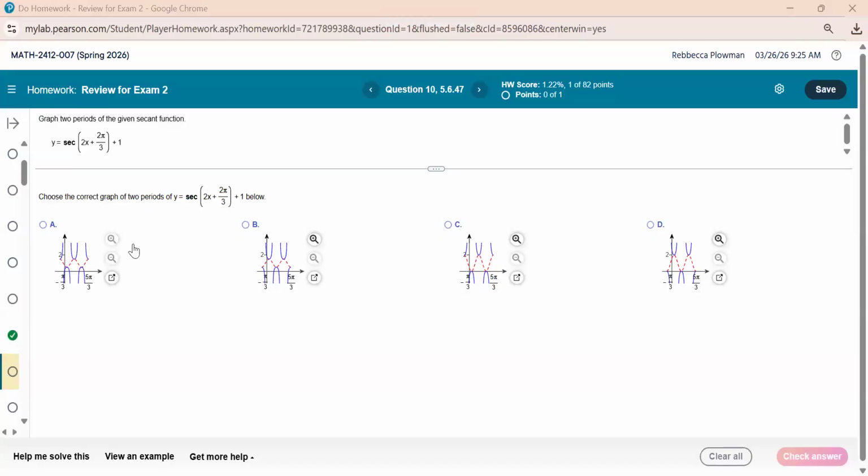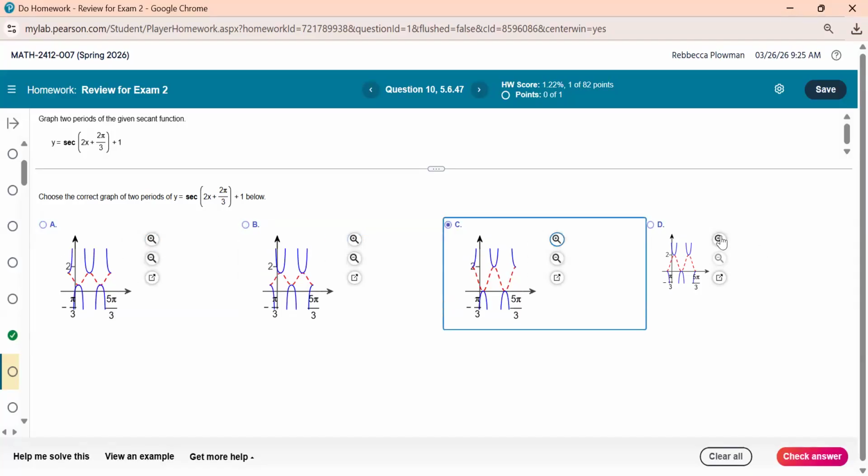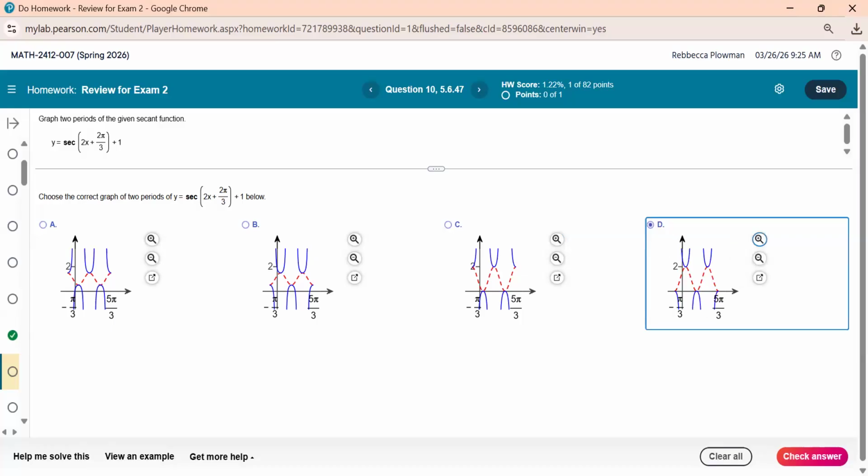All right. Secant. Remember, secant is the reciprocal of cosine. So we're looking for a cosine curve.